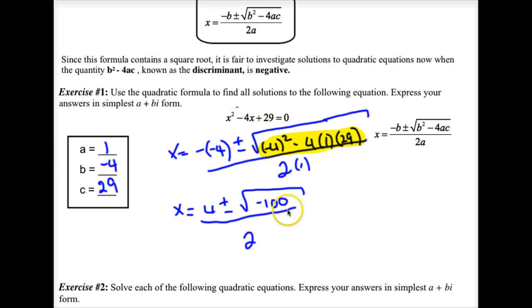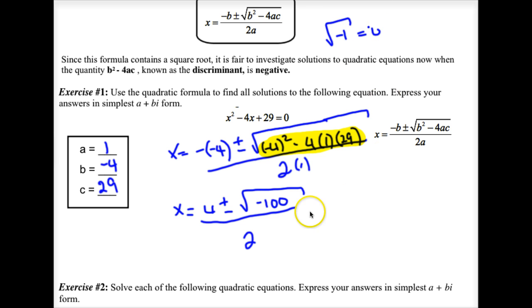Now we know that the square root of negative 100 is actually undefined in the calculator, but remember we said the square root of negative 1 is equal to i.